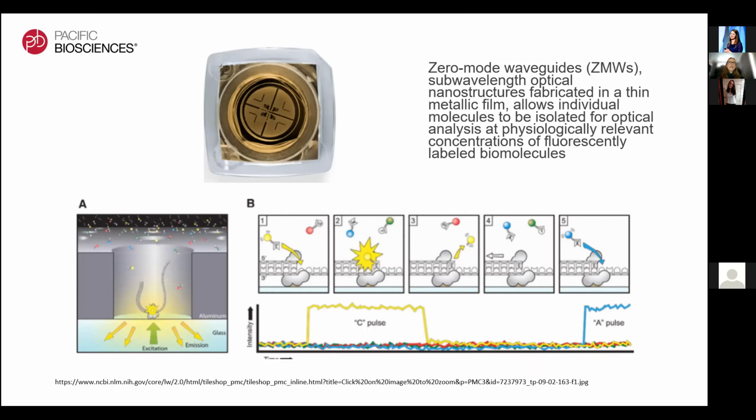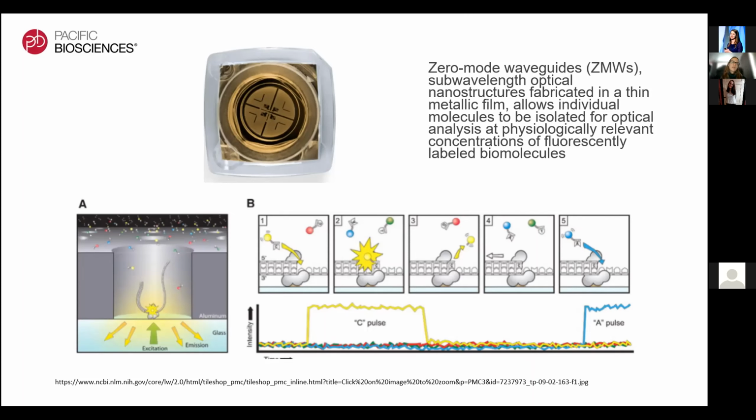And as a nucleotide is held in the detection volume by the polymerase, laser light travels through the bottom surface of the zero-mode waveguide and does not completely penetrate it, because the zero-mode waveguide dimensions are smaller than the wavelength of the light.